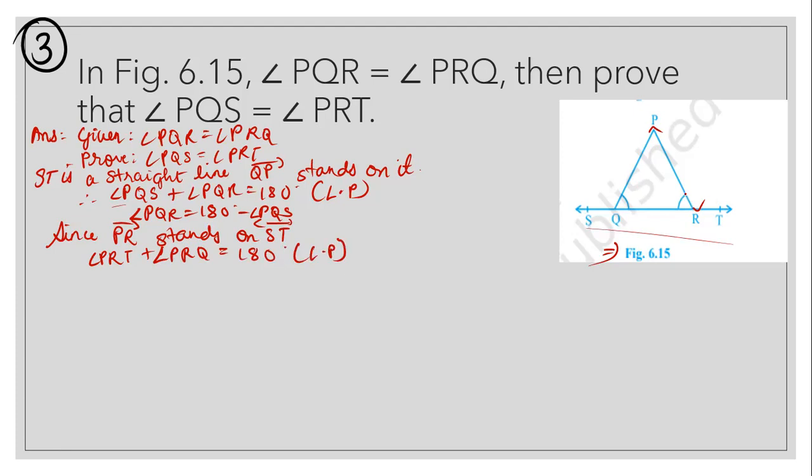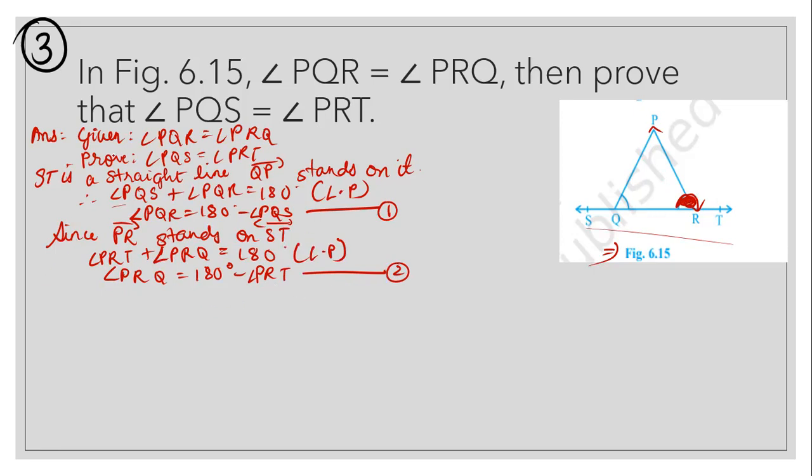Angle PRT, that means this angle, and angle PRQ, this angle. These two together form 180 degrees, correct? Because they're a linear pair. Therefore, angle PRQ is equal to 180 degrees minus angle PRT. Let's take this one to be equation number 1, this one to be equation number 2.